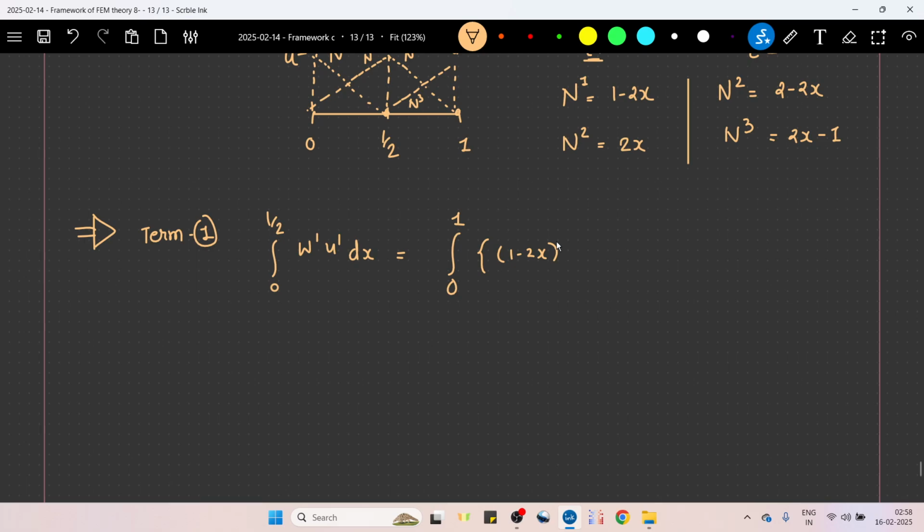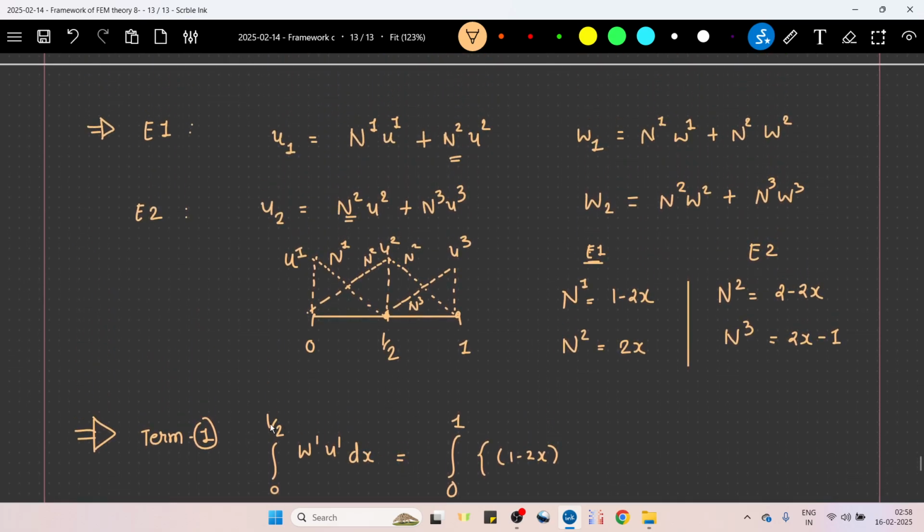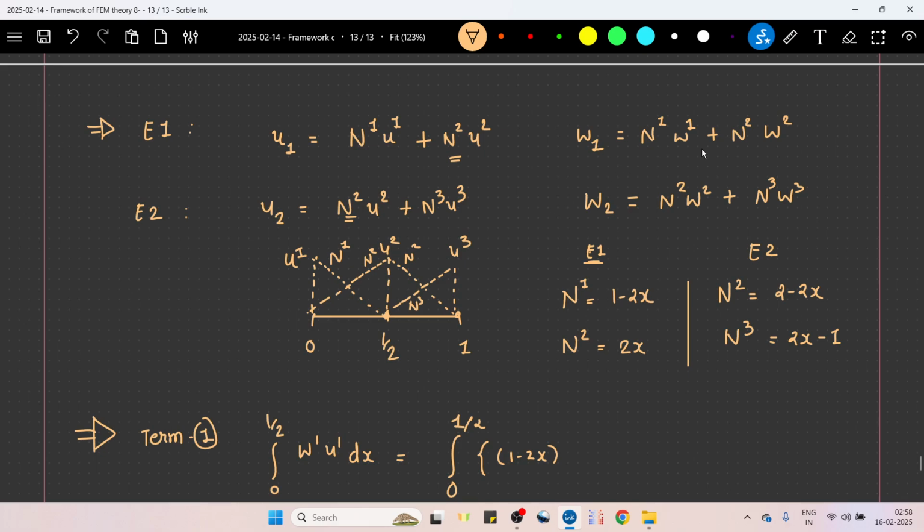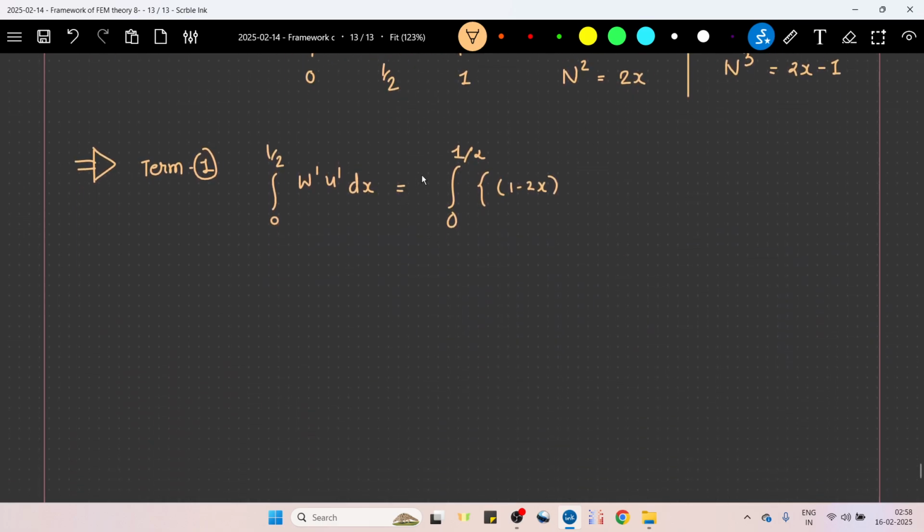This is for element 1 only. So w is nothing but n1 w1 plus n2 w2, with this n1 and n2. So 1 minus 2x with coefficient w1 plus 2x with coefficient w2. This is w dash.